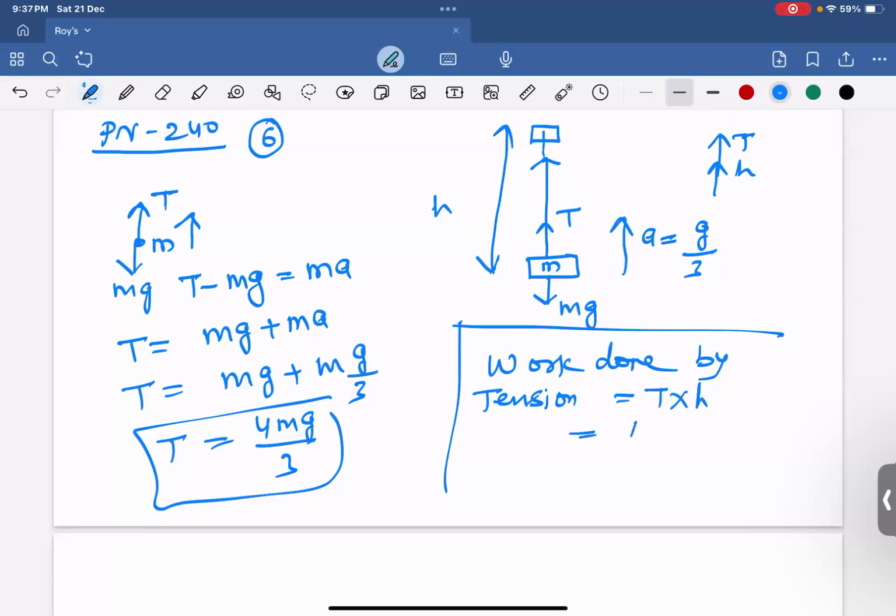So your answer should be 4mg by 3 times h. The final answer should be 4mgh by 3. I think the fourth option is correct, Neil. Do you understand this concept? Yes, sir. Understood.